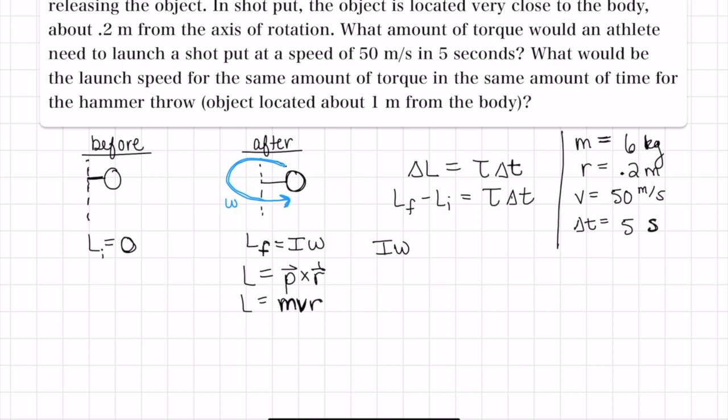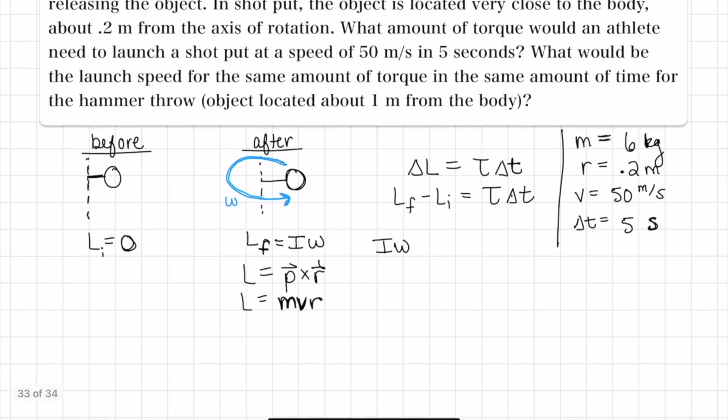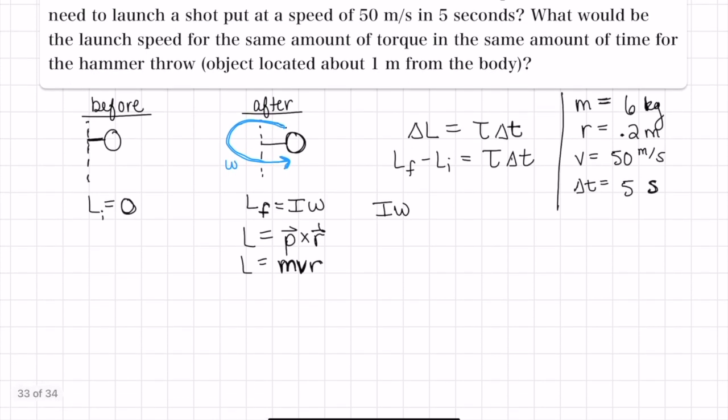They're not going to give you anything more complicated than that, but you have to be able to identify when you can use it. It's only when you have an object rotating around in this way. If this was just some ball spinning on its axis, we couldn't use MVR. We would only be able to use I omega.